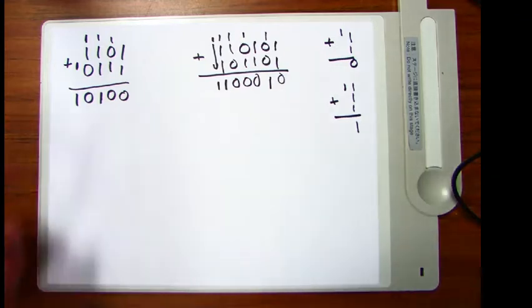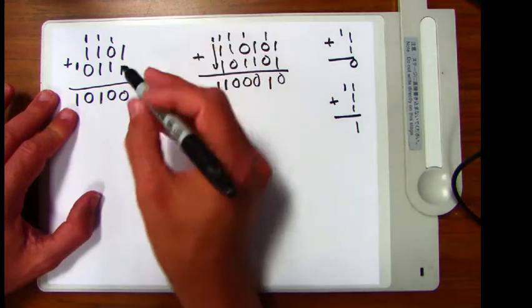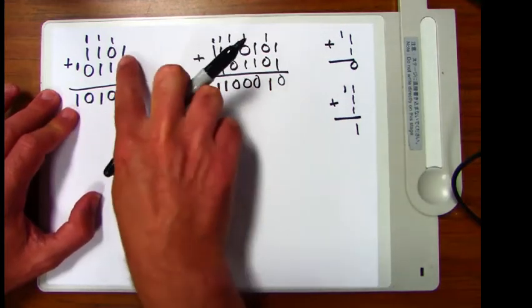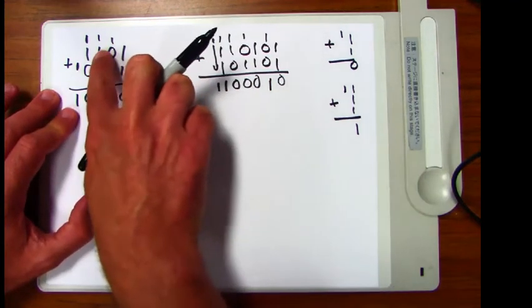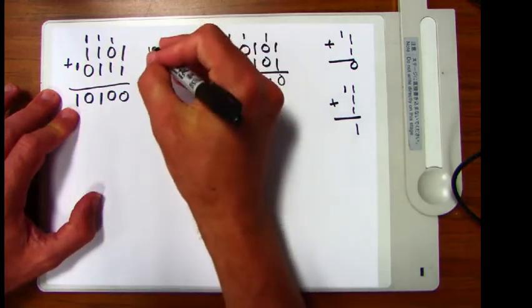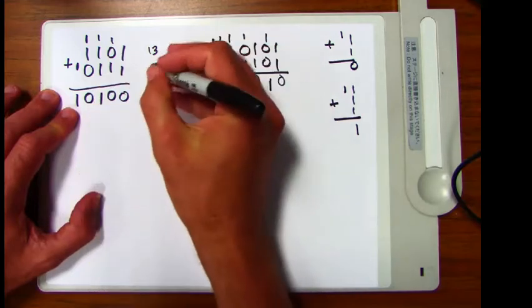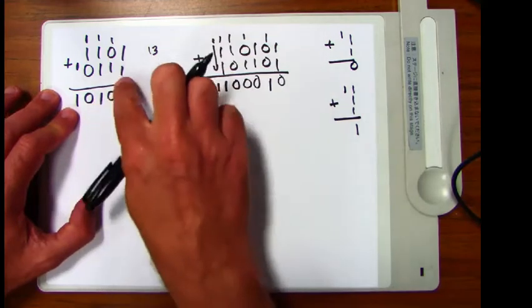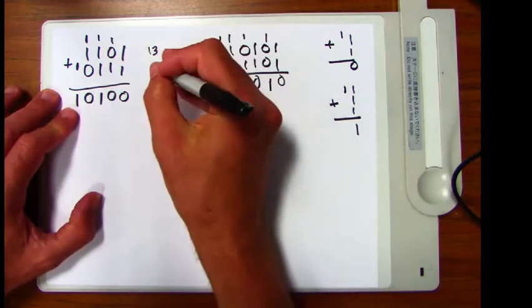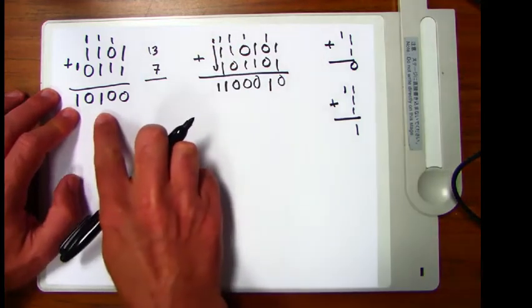Now, just to prove to you that this worked, let's double check. Let's convert this to base 10 and see what this would be. So this is a 1, a 4, and an 8. So 8 plus 4 plus 1 is 13 in decimal, and this is a 7 in binary. That's 1 plus 2 plus 4. And we should end up with 20. Let's see if we do.